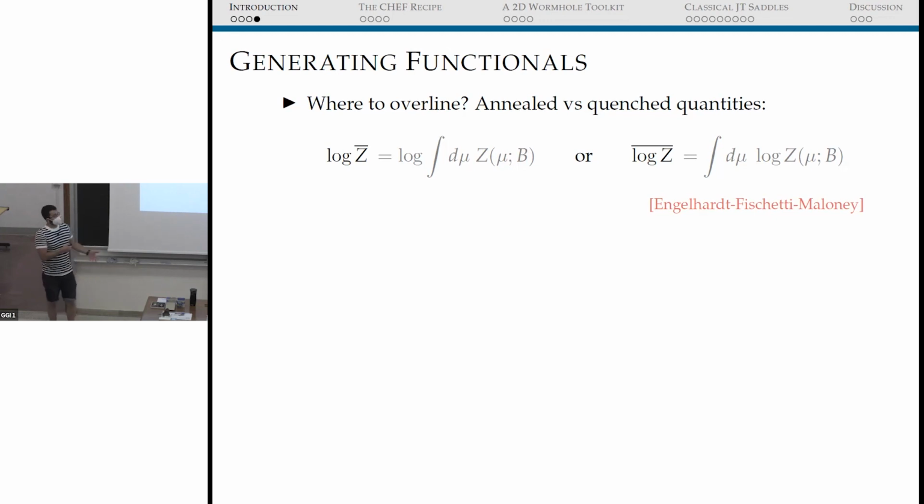And the first attempt at computing each of these separately in gravity was made by these three people. And what they found is, well, they had a very compelling argument for why this is the actual object that you should be looking at in quantum gravity and not this one. This argument is simply one of consistency with quantum theory. We are very used to such consistency arguments. We want unitarity, then we know we should include connected topologies to recover it.